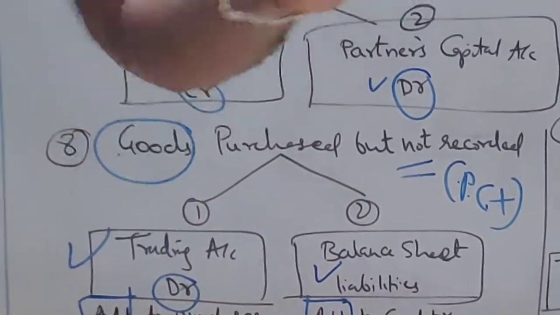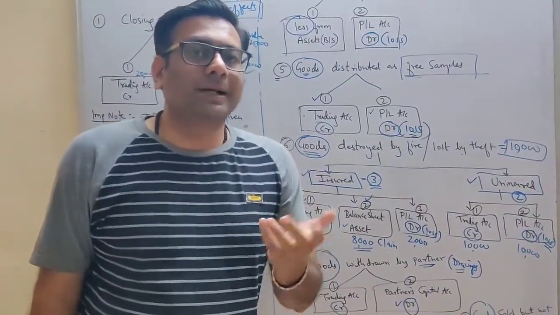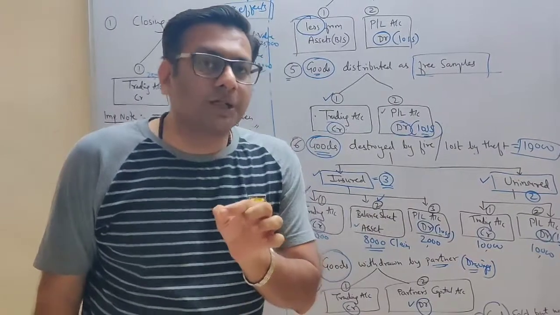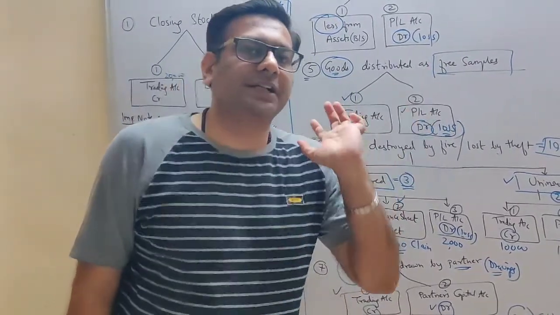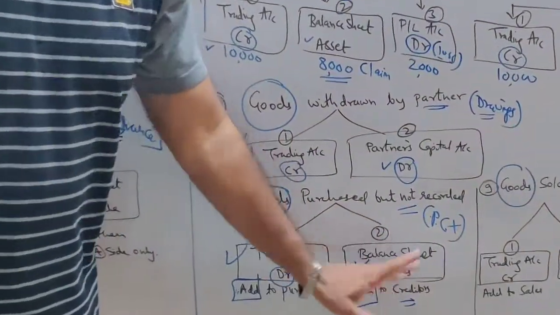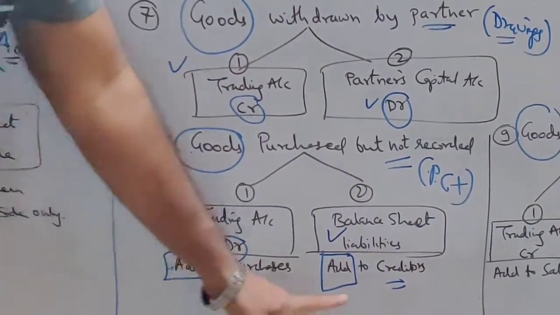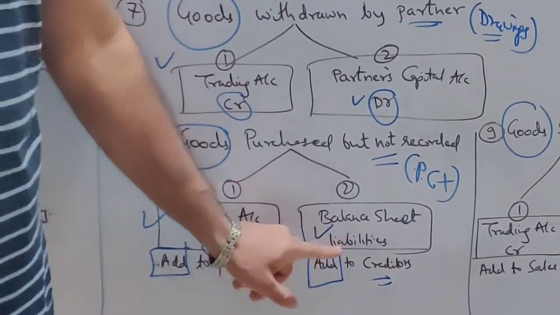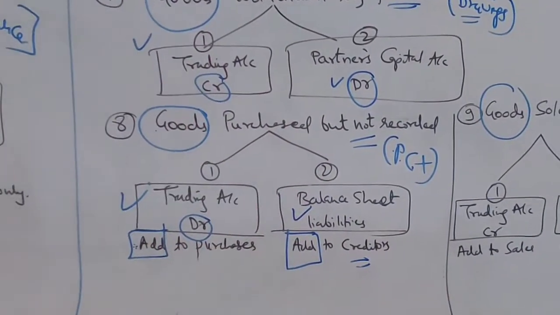And where do you write purchase? In the trading account debit side. Where do you write creditors? Balance sheet liability side. So this code word will help you to remember both the effects.